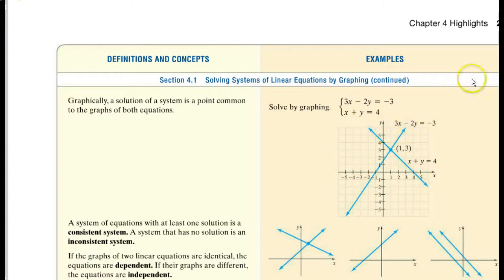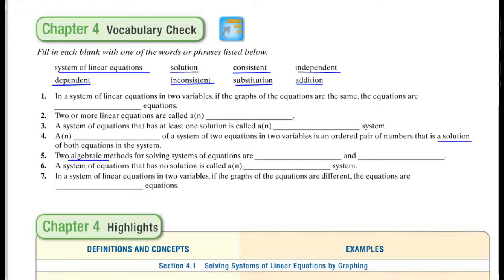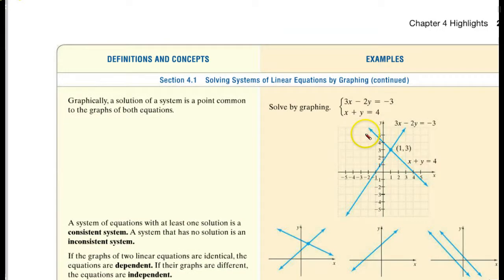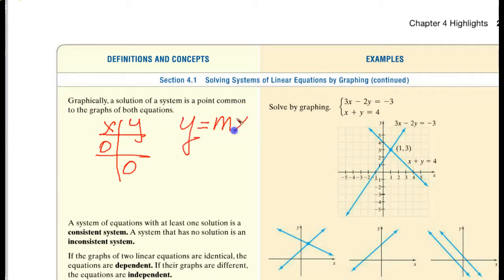One technique you may recall was, if we had an equation that was in standard form, we might have used the x and y intercept t-chart, or we could solve the equation for y and put it in slope-intercept form.